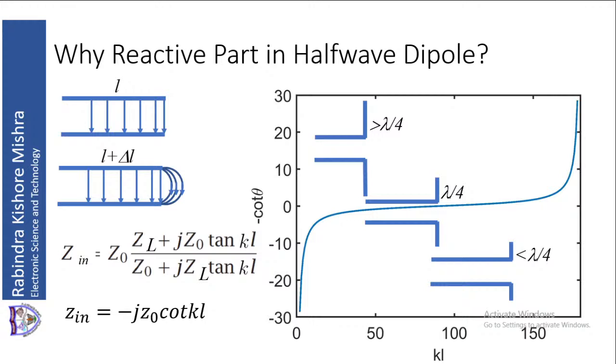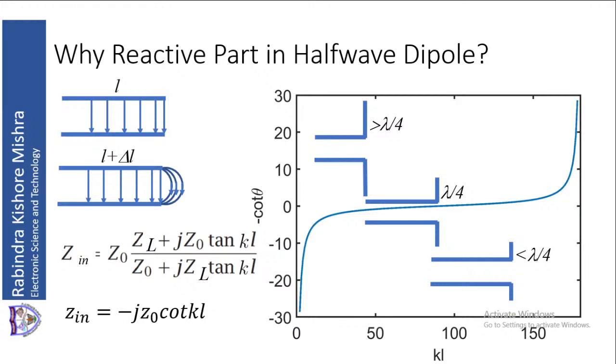Then we have seen, based on certain assumptions, basically the assumption is the diameter is negligibly small. Considering that assumption, we have seen that this antenna will radiate at a frequency which corresponds to its half wavelength, which is the length of the antenna.